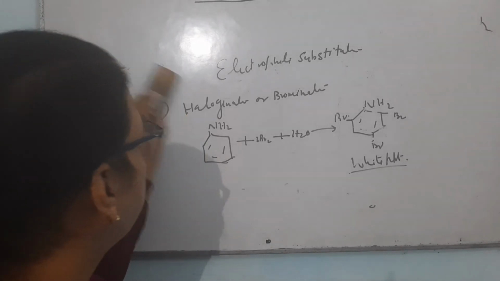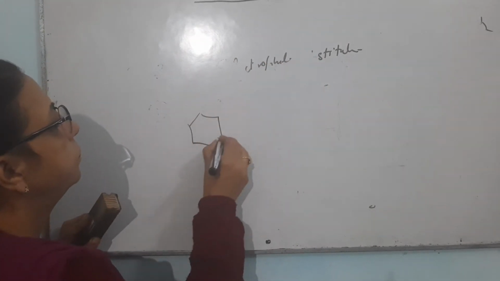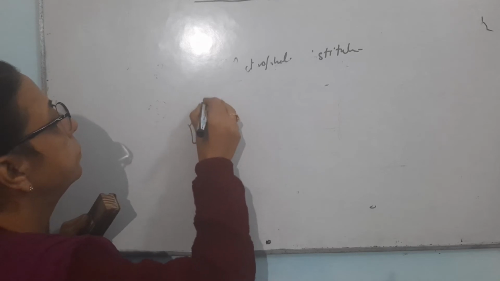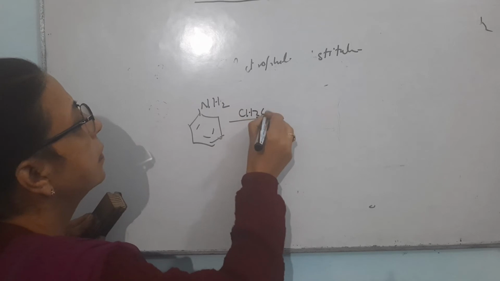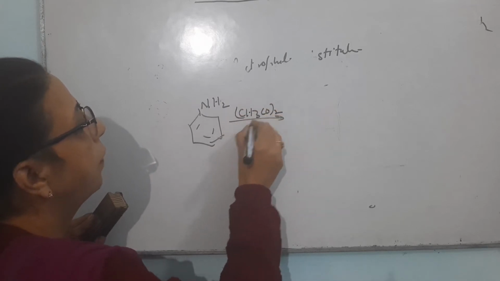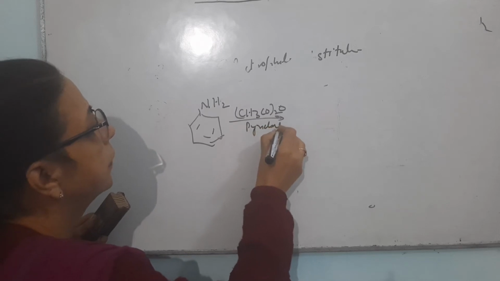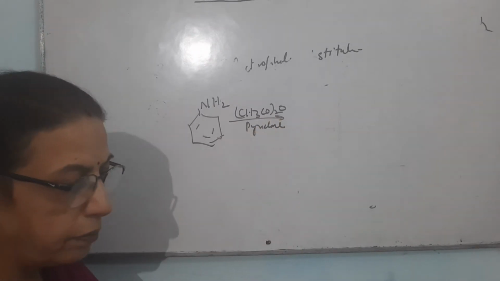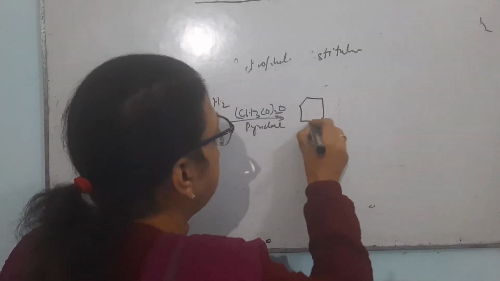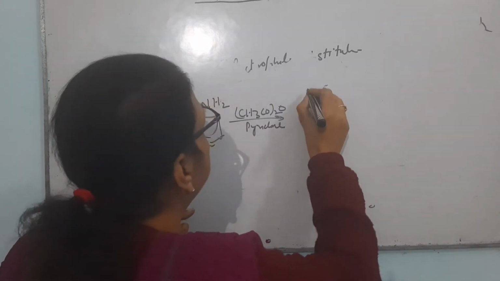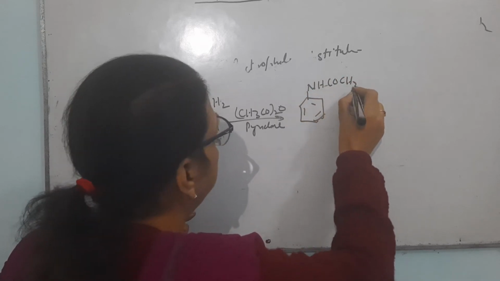The reaction is aniline with (CH3CO)2O, pyridine. The first reaction will be the formation of acetanilide, C6H5NHCOCH3.